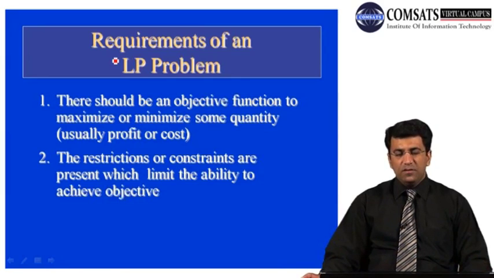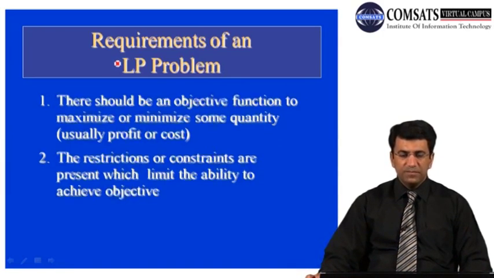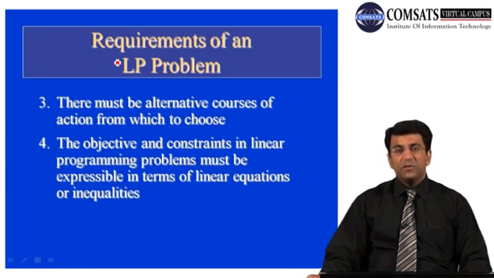Then the second requirement is that restrictions or constraints are present which limit the ability to achieve objectives. So what is the second requirement? We'll have to identify the different constraints, the different limitations within which we can work and within which we should be able to achieve our objectives. The third requirement of linear programming is that there must be alternative courses of action from which to choose.